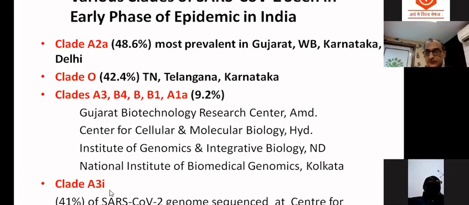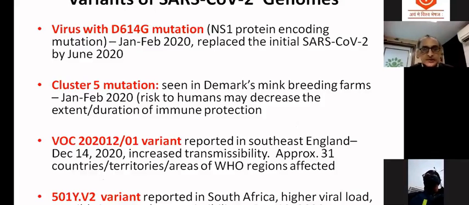So these are the circulating strains in the southern states, which have been isolated by the cellular and molecular biology institutes. Fortunately, we have very wonderful molecular biologists who are working all the time and isolating these strains. That has in fact led to the development of a new vaccine in India. So let's see these mutations.